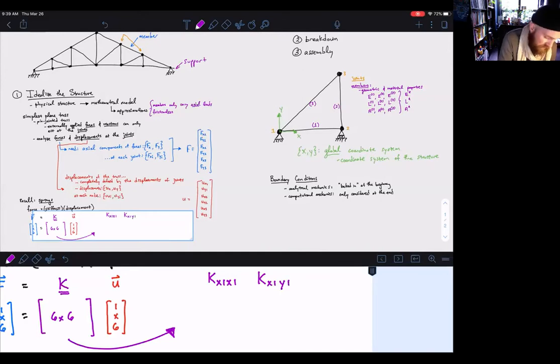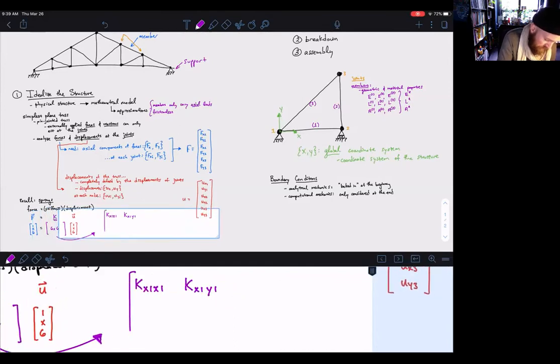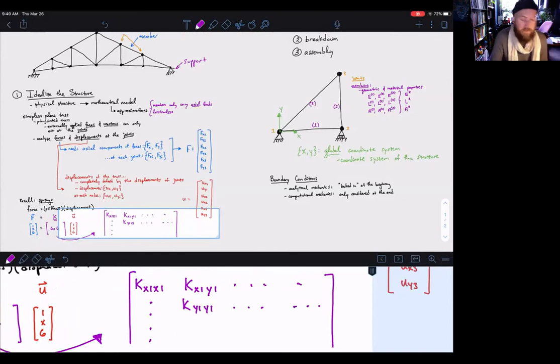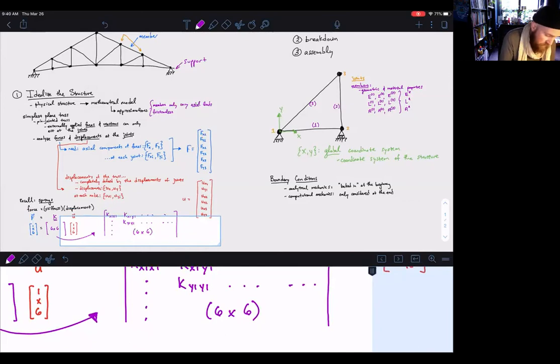And we can keep going here. Then you can imagine there being the force at y1 and the displacement at y1, and so on and so forth. So you can fill this out until you get a 6x6 matrix. And this matrix has a particular name. It's what's known as the master stiffness matrix.